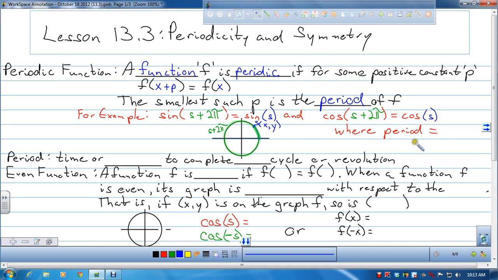And we're going to say that that period then, since it starts to repeat itself after 2 pi, that's the smallest value I can add and begin to repeat itself. So that period is going to be defined as the time or the interval to complete one cycle or revolution.